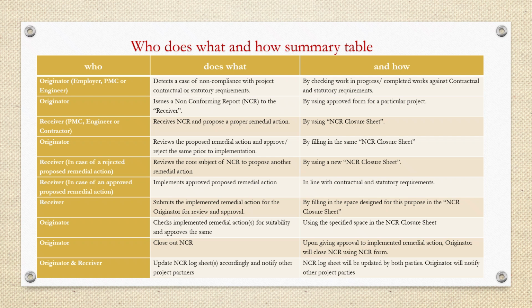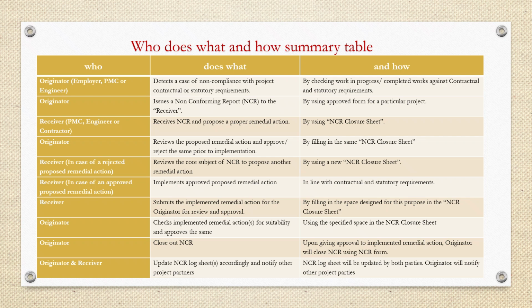Who does what and how summary table. So how and who issues the NCR. The originator detects a case of non-compliance with project contractual or statutory requirements by checking work in progress and completed works against contractual and statutory requirements.